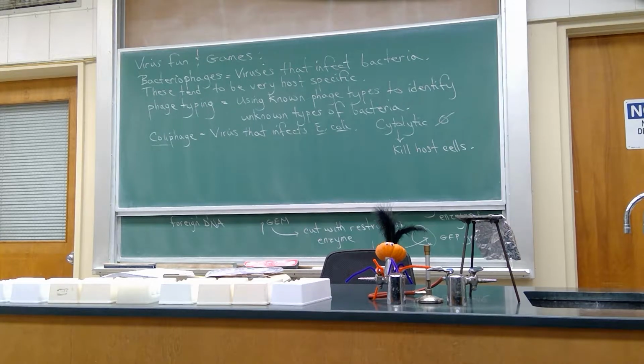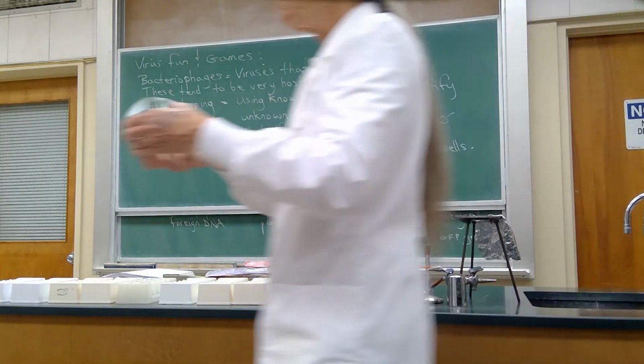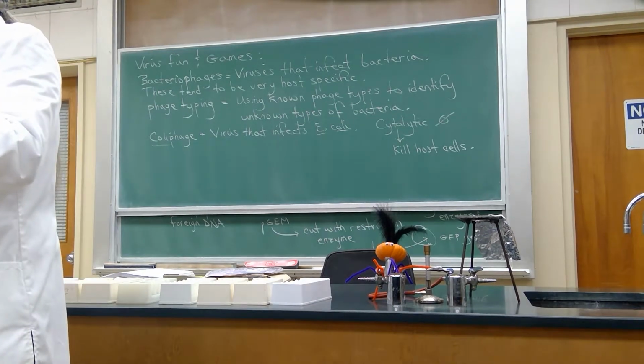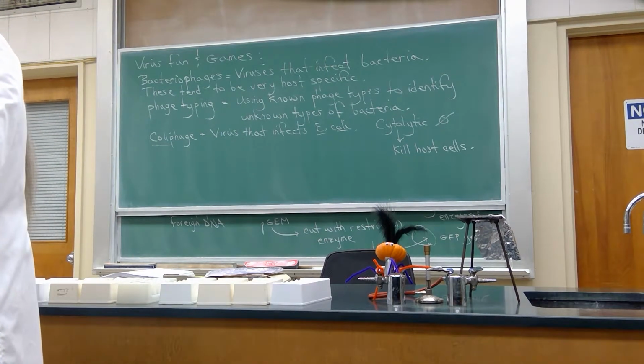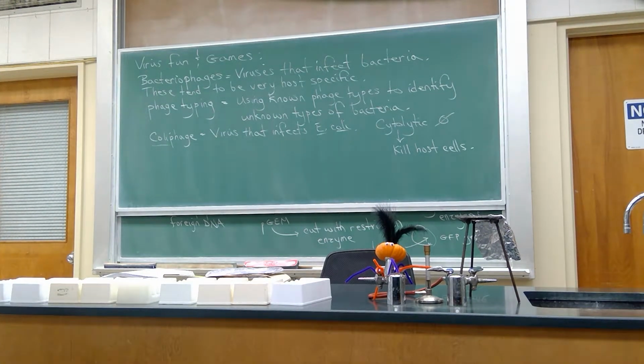So the clear areas that you see on the surface of these plates are plaques. Plaques indicate regions where the bacteria are killed by the phage presence. They kind of look like little windows. However, if you look at the plate from the top side, you'll see they're more than just clear spaces. They're actually divots, like little indentations.